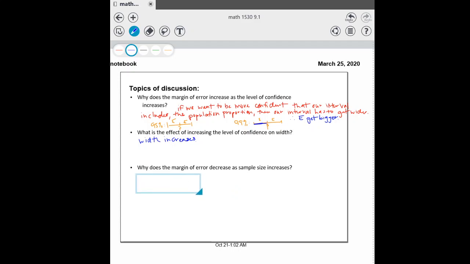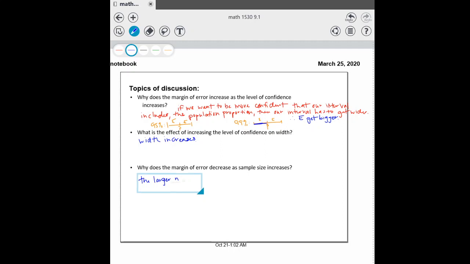Okay, why does the margin of error decrease as sample size increases? We've talked about this a lot of times. The larger our sample, sample size is n, so I'm going to say n just to decrease how many words I'm having to write.